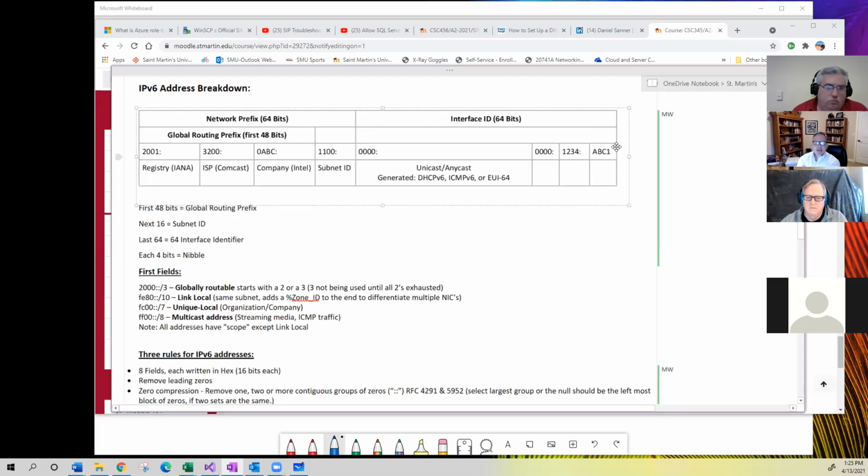And in IP version 4, when you change the mask, it changed the amount of subnets and it changed the number of IP addresses per subnet. Do we remember how it did that? Just a little quick review here.